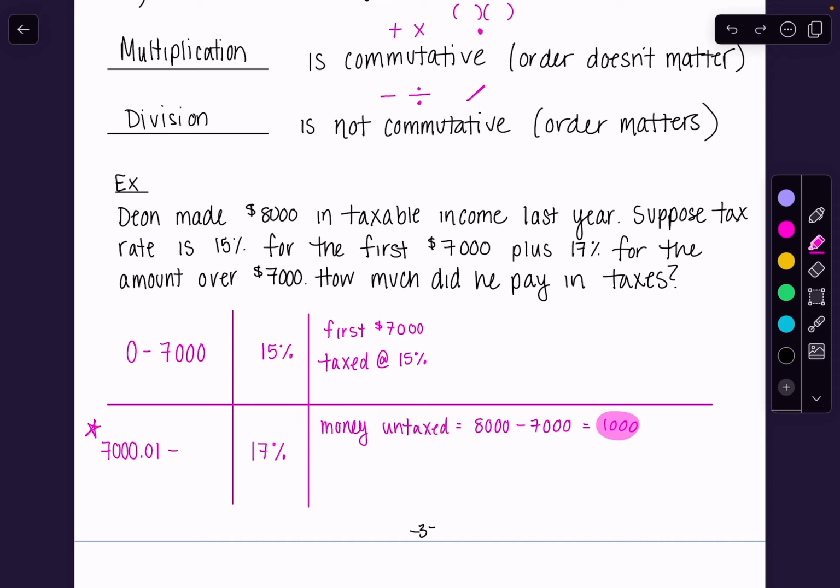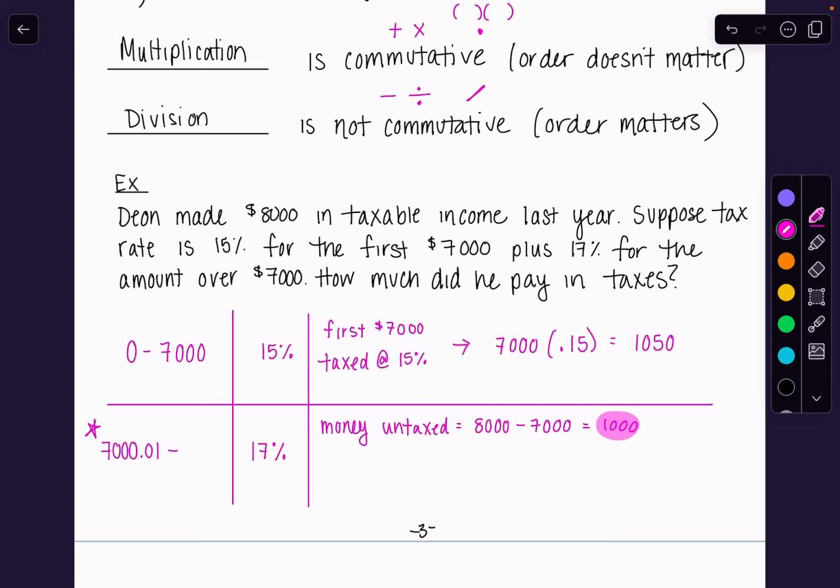Okay? So if we go and calculate these then, his first $7,000 is taxed at 15%. So we want to take $7,000 and multiply it by 0.15. So on his first $7,000, he's going to owe $1,050. Okay.